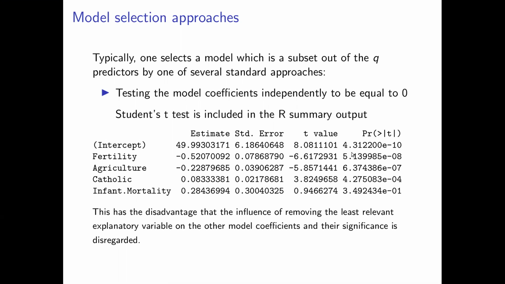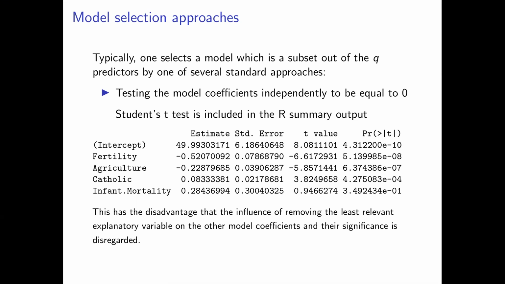And this is done by a separate t-test for each one of our coefficients. The advantage is that it's straightforward, easy to interpret, and it can be done right away with the summary.